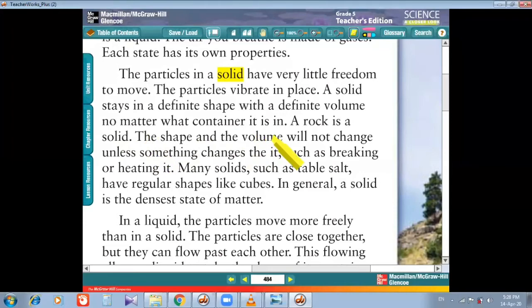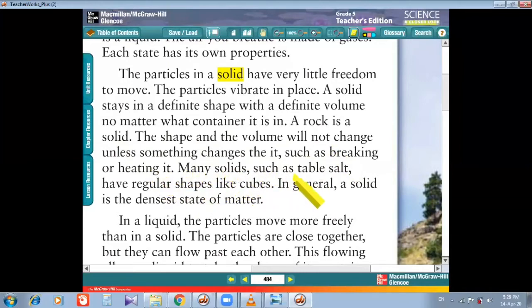The shape and the volume will not change unless something changes it, such as breaking or heating it. For example, the rock will remain rock, its shape will remain the same unless someone breaks it, unless it is heated.